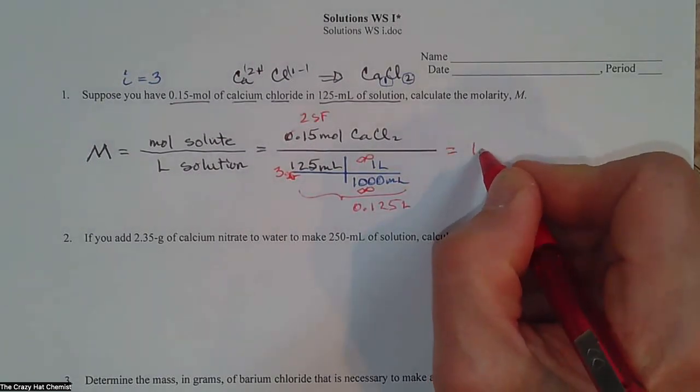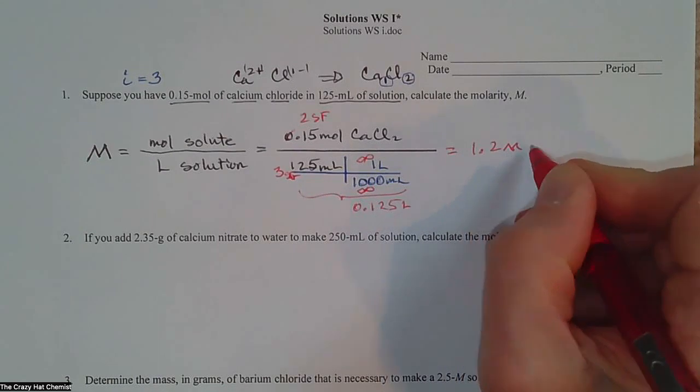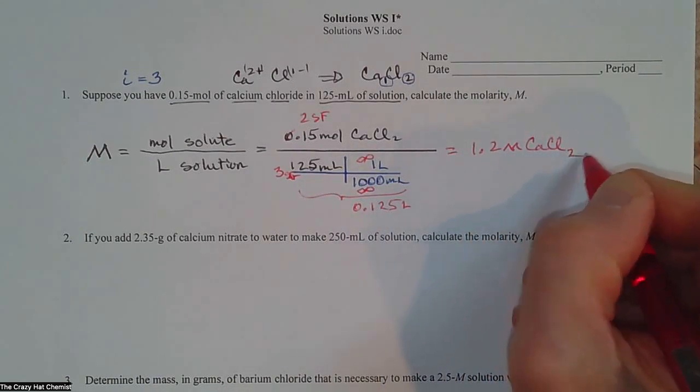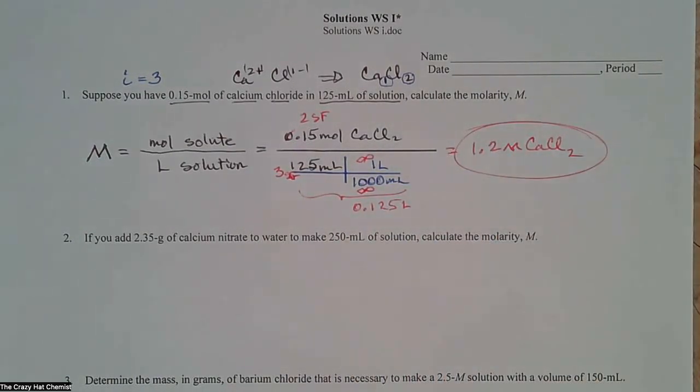So this is a 1.2 molar CaCl2. And then there is my rounded answer, right? So hopefully everybody's good with that one. And I've done that in a one-step process here. All right, so let's move on to the next problem.